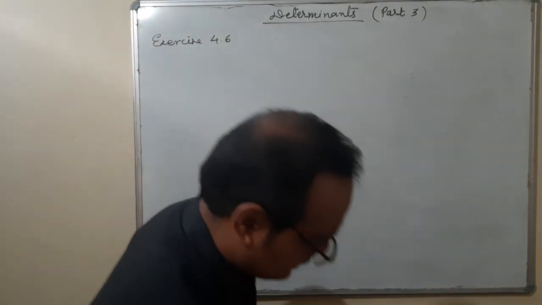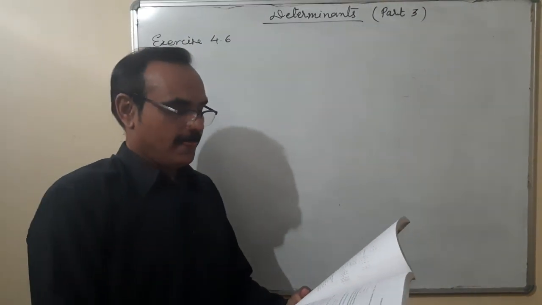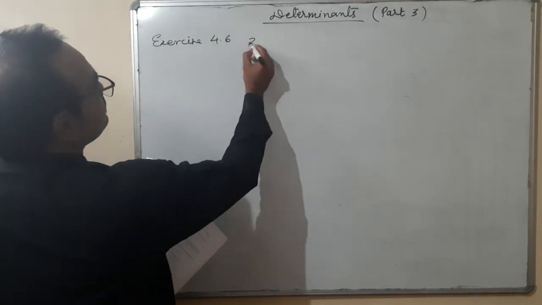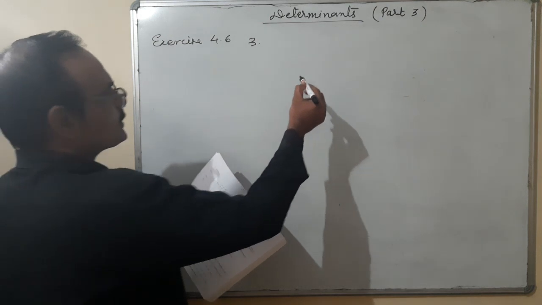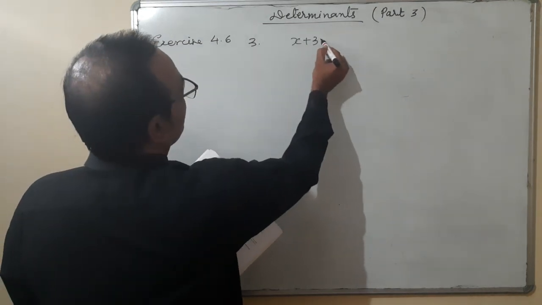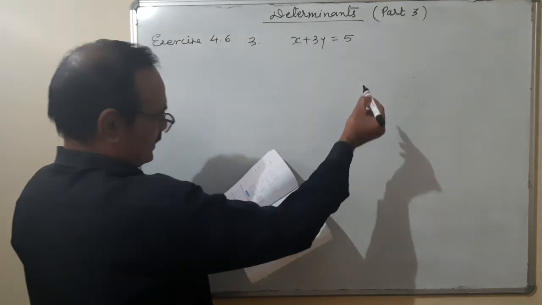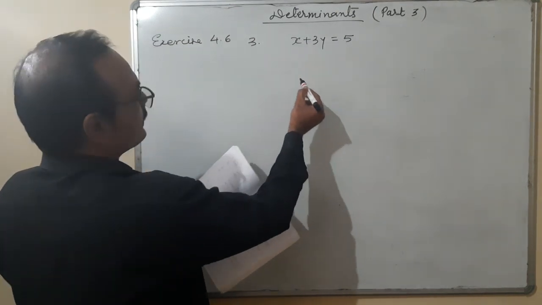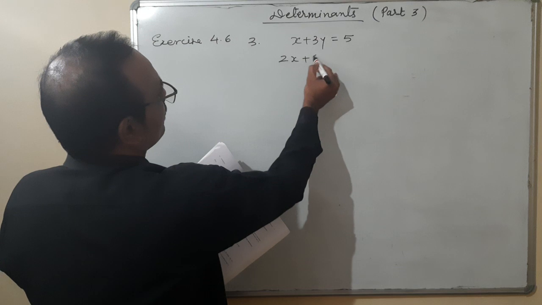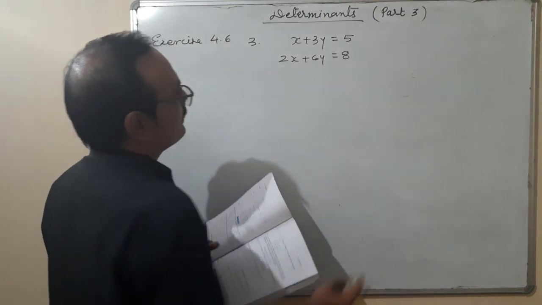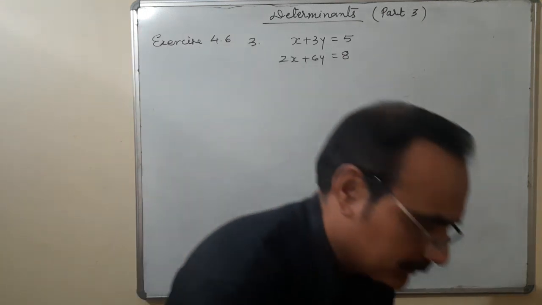And the question is number 3. That is x plus 3y is equal to 5 and 2x plus 6y is equal to 8.